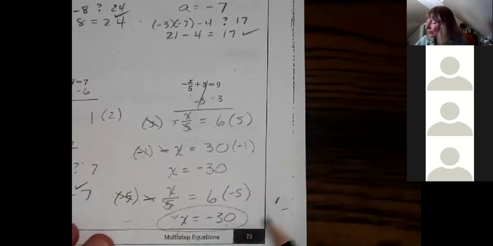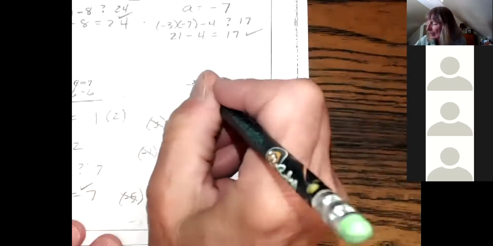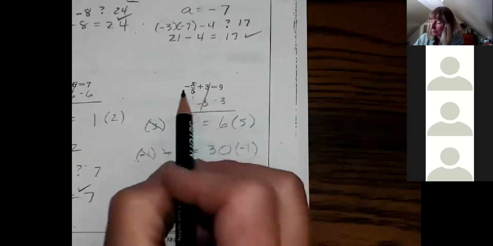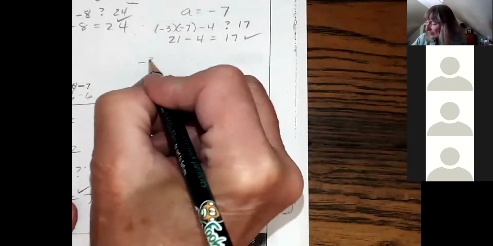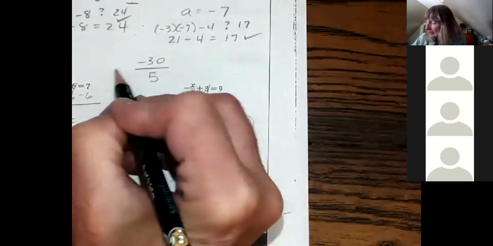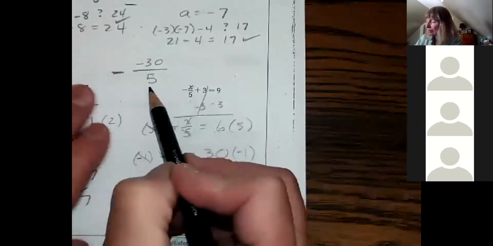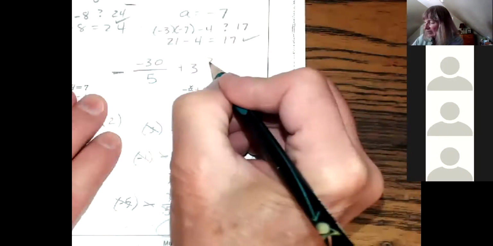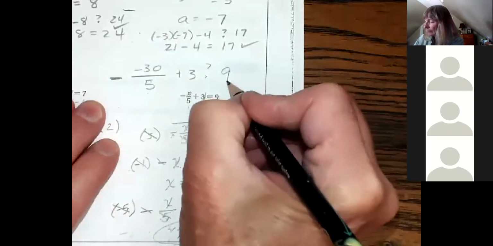Okay, so I'm going to plug in -30 right here, and this negative sign doesn't disappear. So I would plug in -30 on the top, 5 on the bottom, and I still have the negative sign outside here. And I'm going to add 3. See if that equals 9.